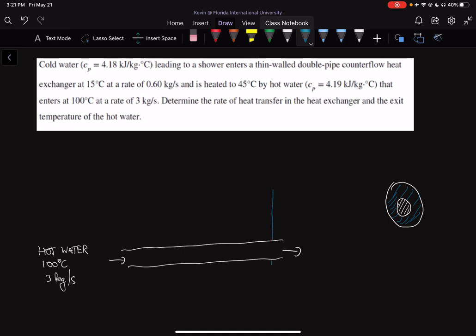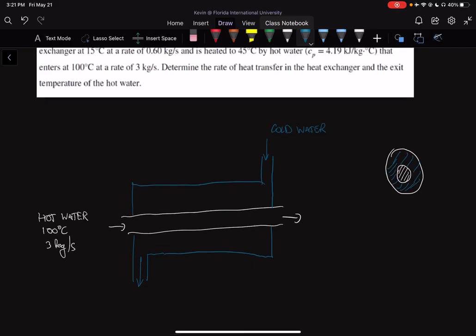So we have something that looks like this, where we have some cold water coming in through here and exiting through the other side. And so essentially on our front view, it would look like this. We would have a pipe coming in with some cold water and exiting on the other side somewhere with some warmer water, and then the hot water would just come in through the middle, right here, through the middle of that pipe.